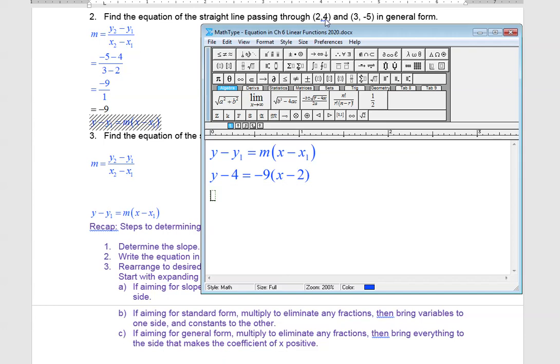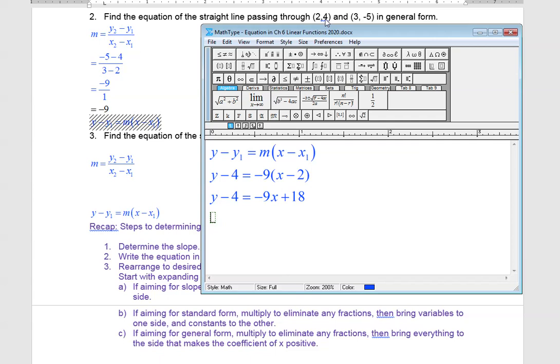This time we're aiming for general form. So general form has no brackets, no fractions. Y minus 4 equals negative 9x plus 18. And for general form, we want everything on one side, and we want it to be the side where x is positive.